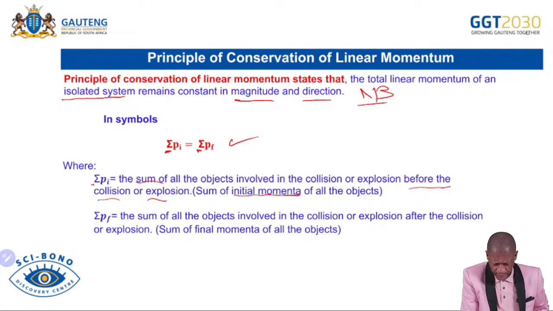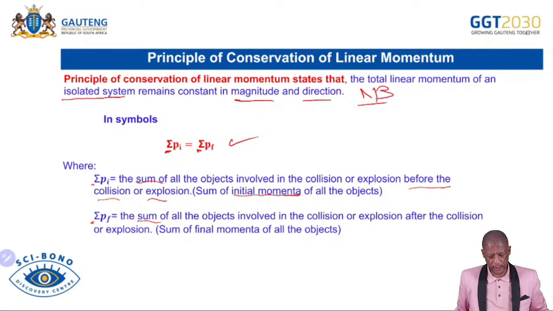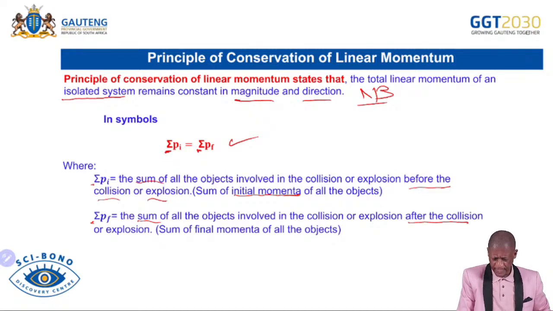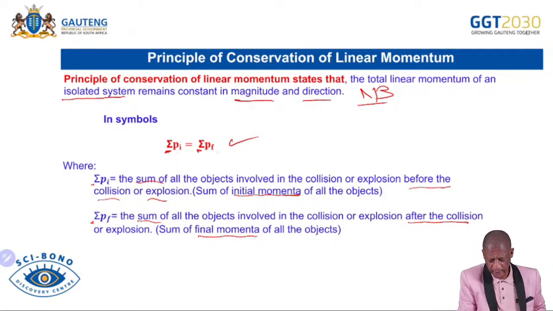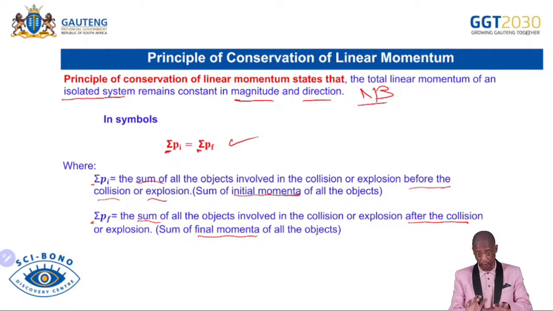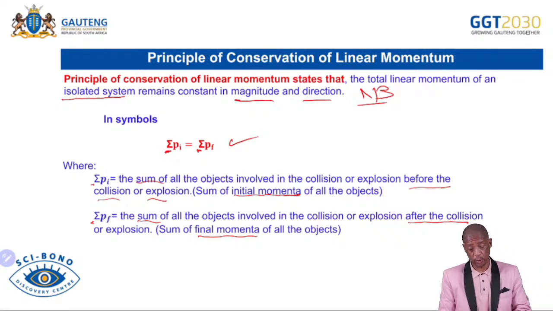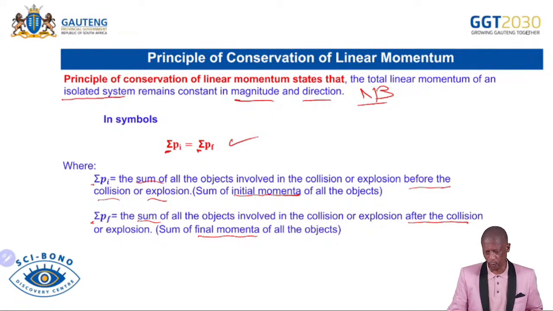And this one says, don't forget this, the sum of all objects involved in a collision or explosion after the collision or explosion. This one is the final momentum. So this side is initial, this side is the final. Hence, we denote it with I, this one with F. It's very important that you know what this sign is for.